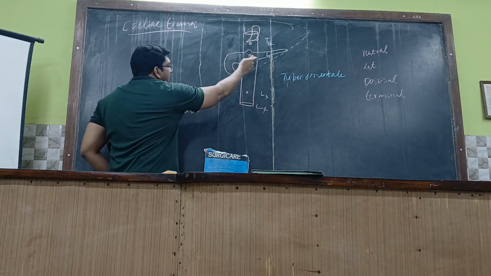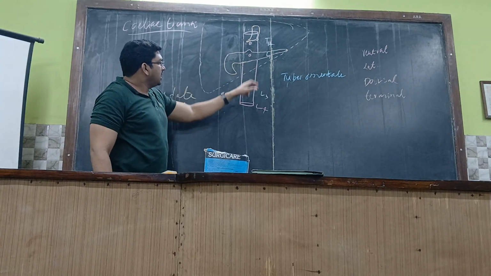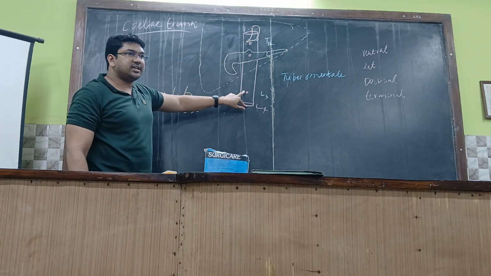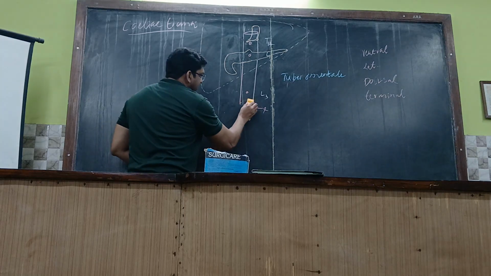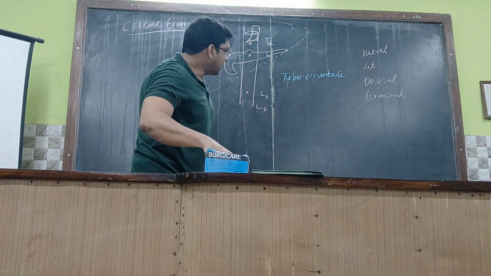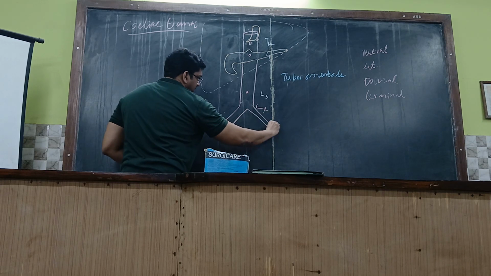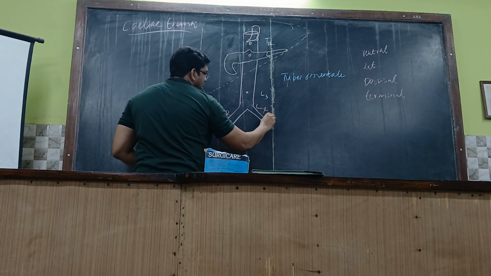Okay, and behind the pancreas will be the superior mesenteric artery. Getting it? And then about 4 centimeters above the bifurcation of the aorta is the location of the inferior mesenteric artery, into the right common iliac artery and left common iliac artery.